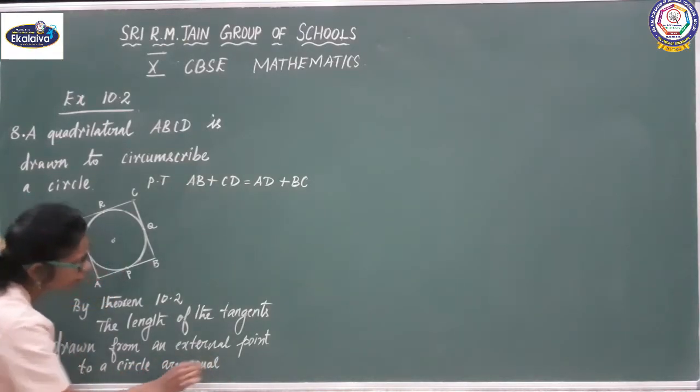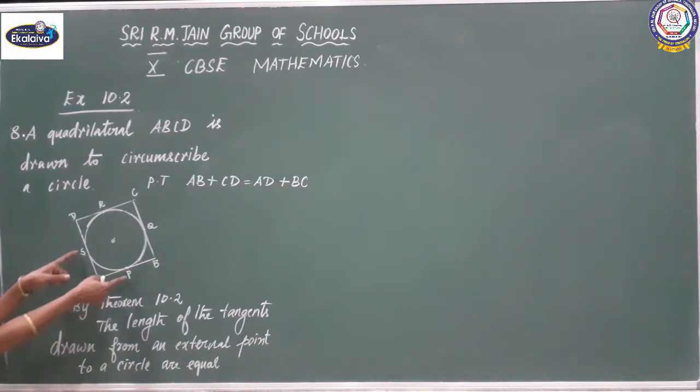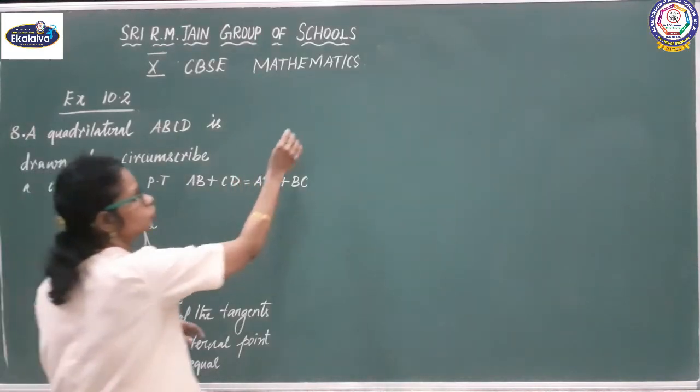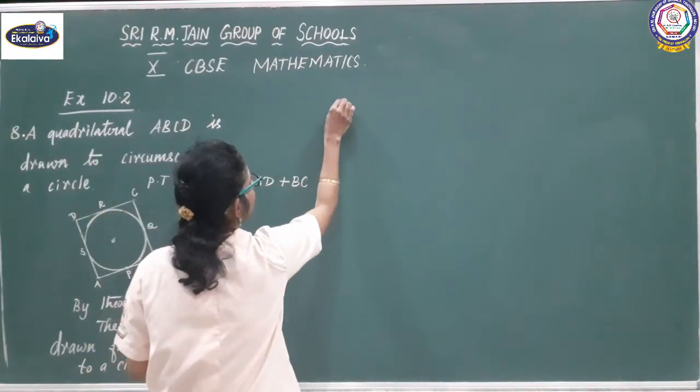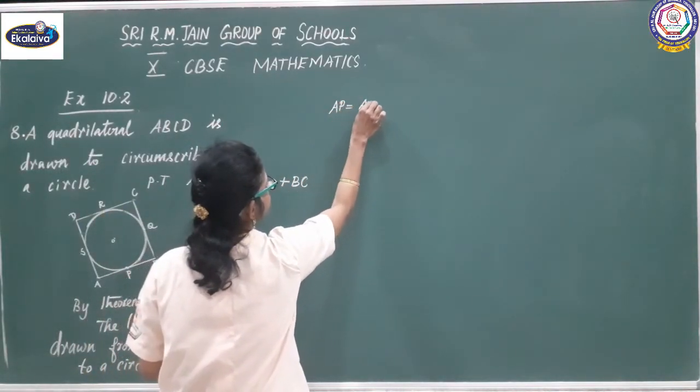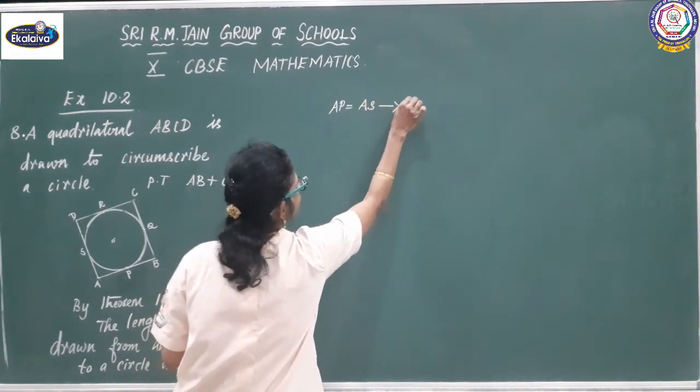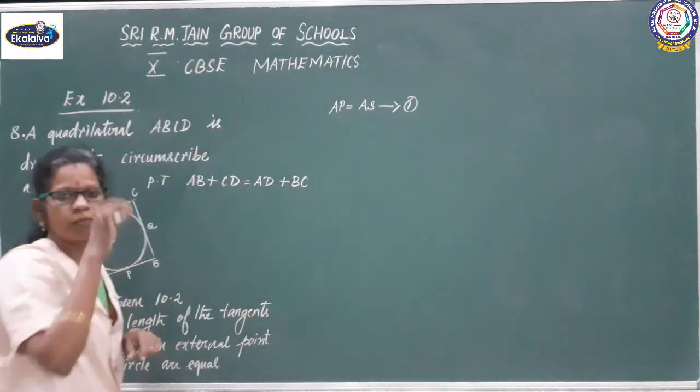So, your external point is A, the tangent is AP and AS. By this theorem, what is your conclusion? AP equal to AS. This is your equation number 1.